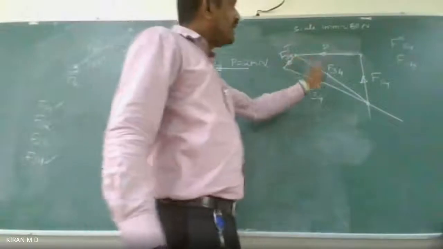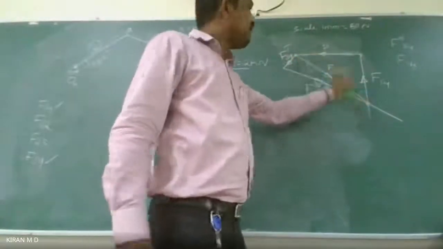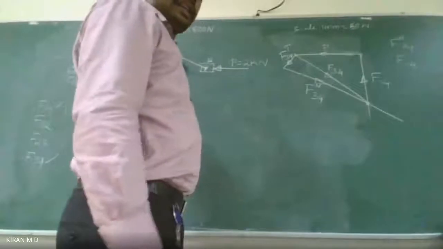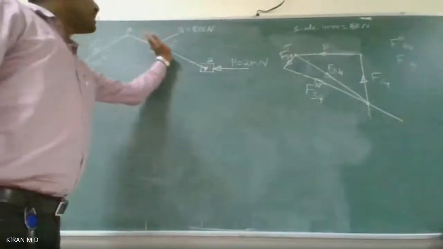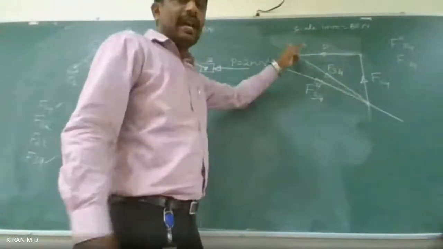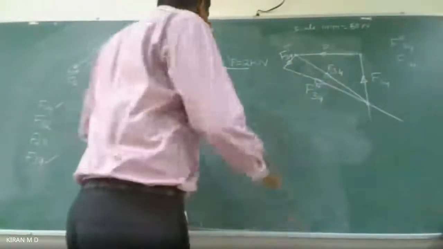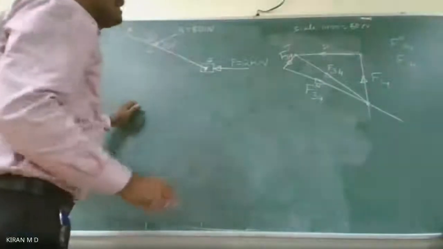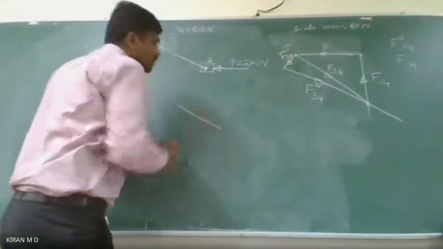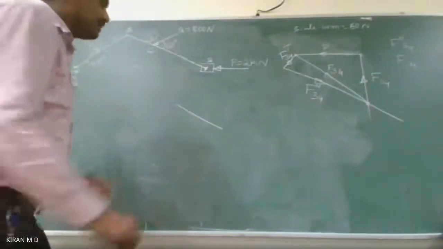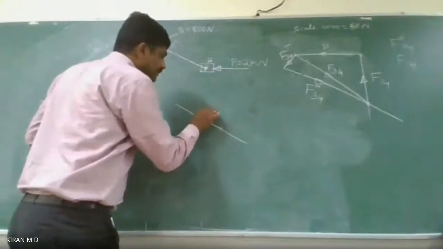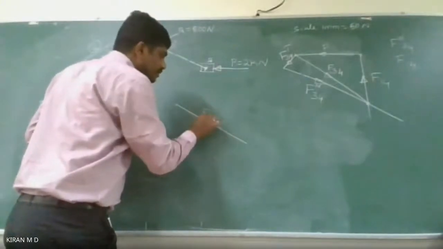Now, what is the direction of F34? We got the resultant force here. This is the direction, not the connecting rod direction, because we got F34 in a different direction, and we have to use that direction. We know the F34 value, convert that into the scale and draw the line of F34.